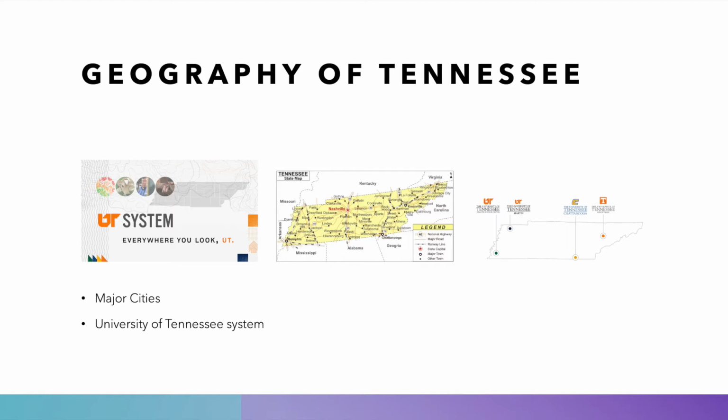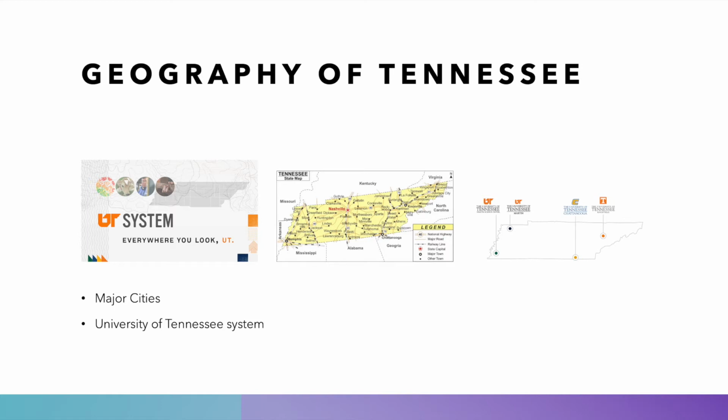However, also served under the same big umbrella of UT system. Next one, we have the University of Tennessee Martin, where the aerospace engineering campus is at. Next one, we have the University of Tennessee Health Science Centers, which is located in the Memphis.